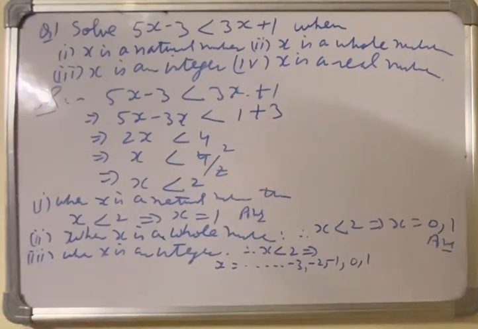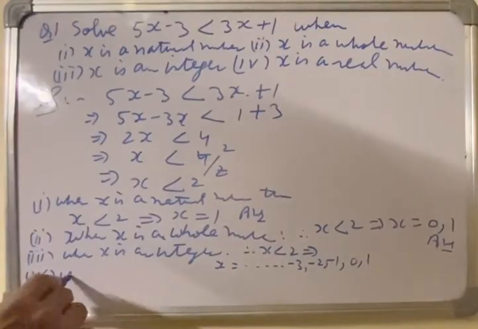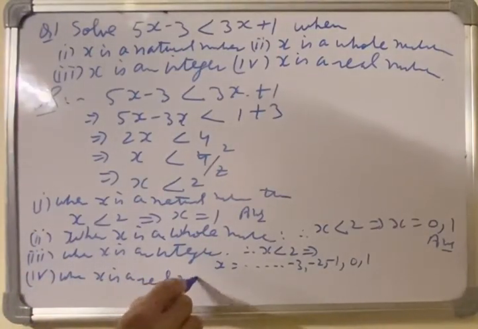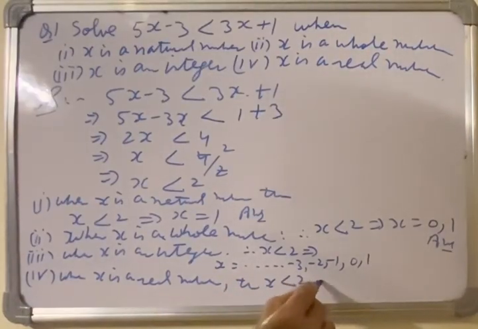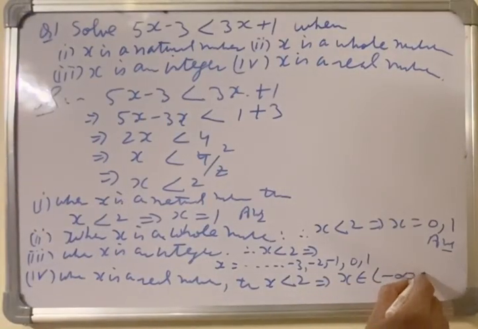All these are integers which are less than 2. Fourth, when x is a real number, then x less than 2 implies x belongs to minus infinity to 2.